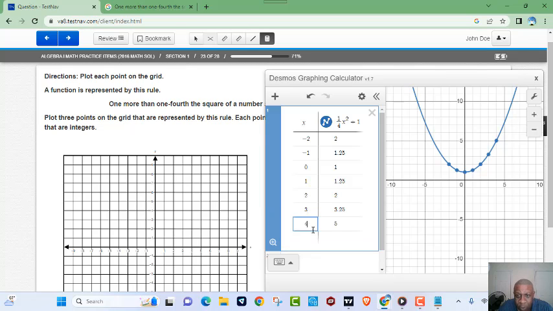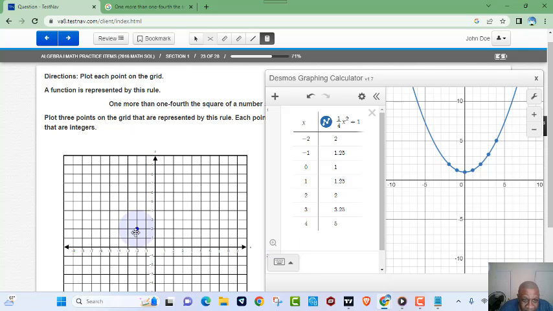What happens if we put in 4? 4, 5. So there's another. So there's several. So let's just pick -2, 2, then 2, 2, and then 4, 5. There, that's 3 of them. Okay, on to question 24.